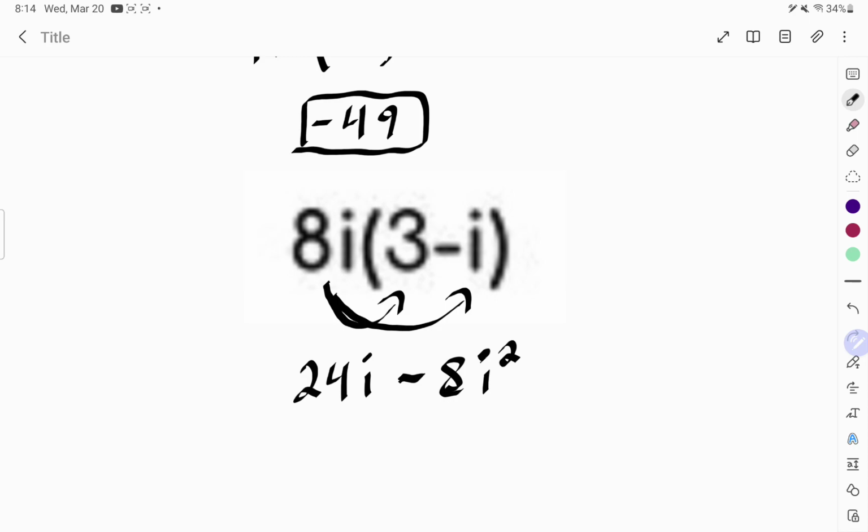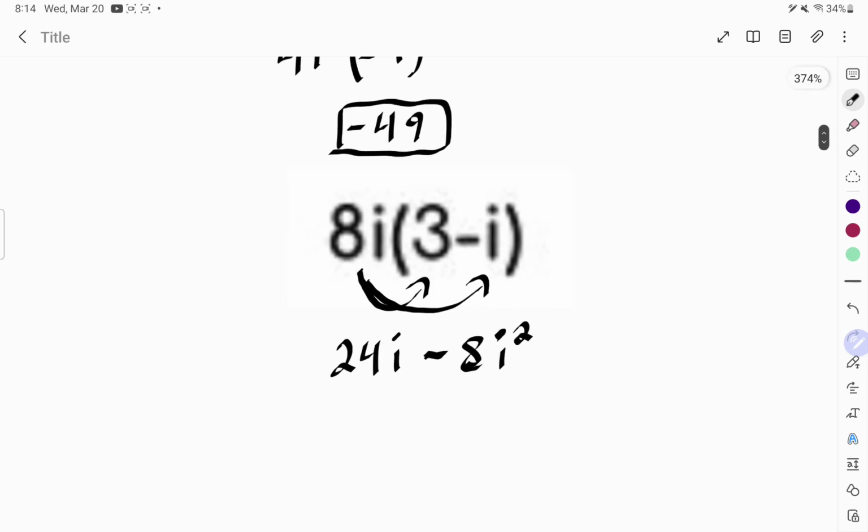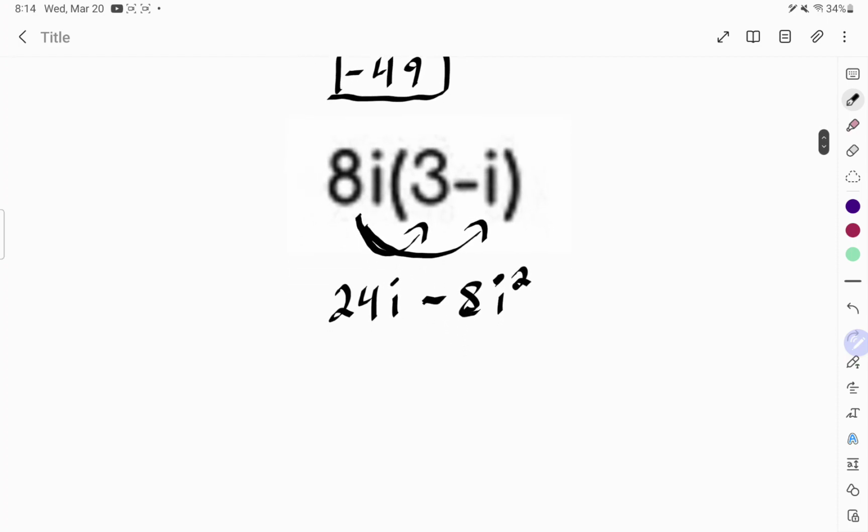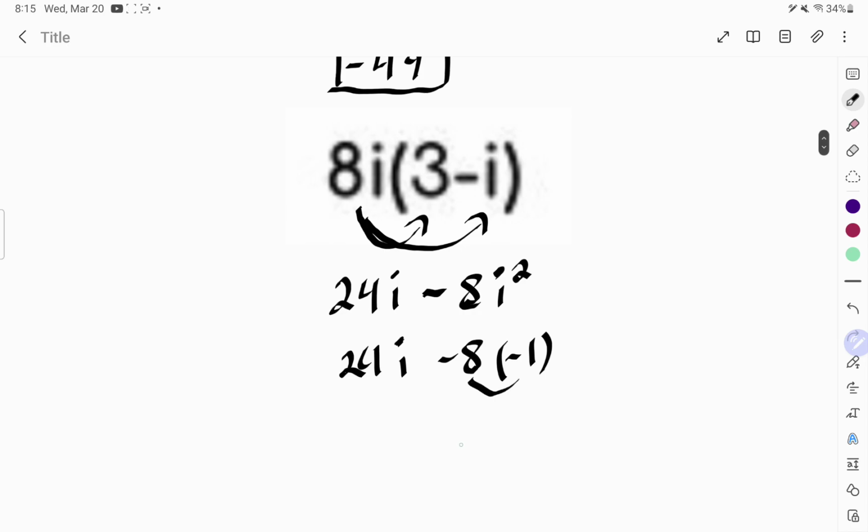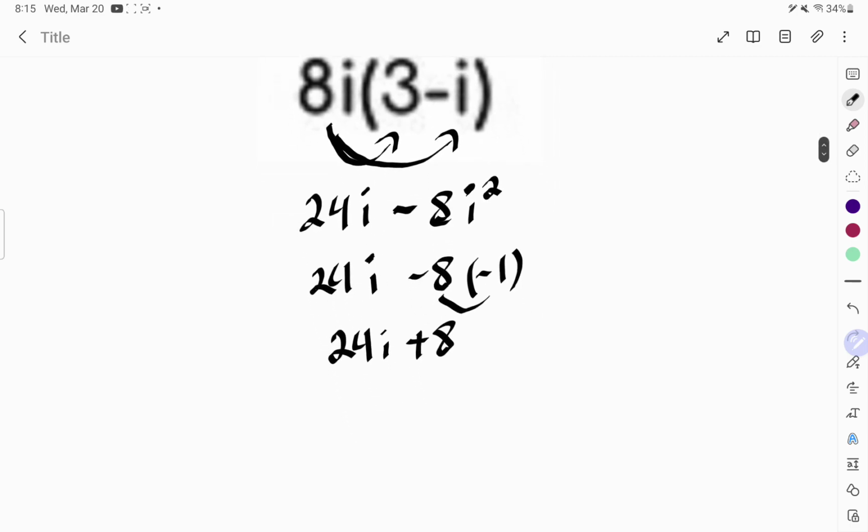Pretty easy. All I have to do here is simplify this one. So that turns into a -1, and that is a -8. Those two are multiplied, so that becomes a positive, so plus 8. 24i. Now remember, we have to switch it. So it's going to be 8 plus 24i.